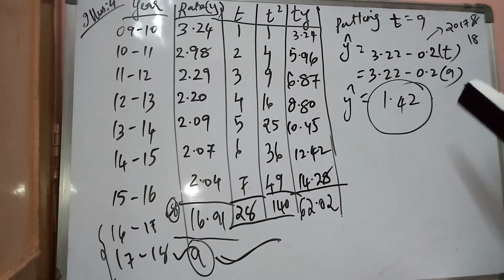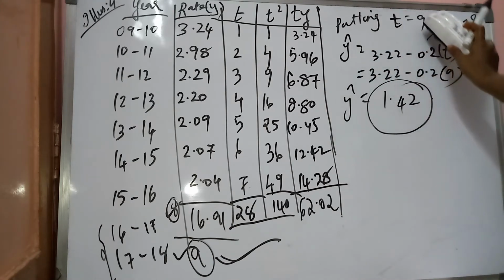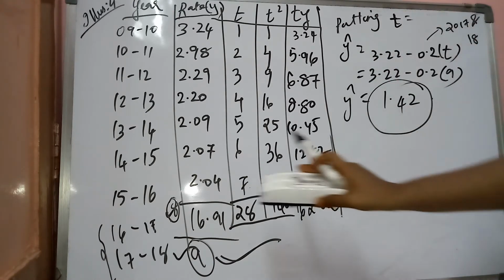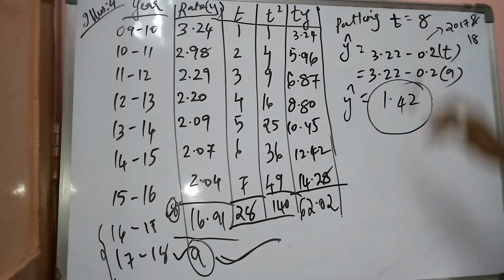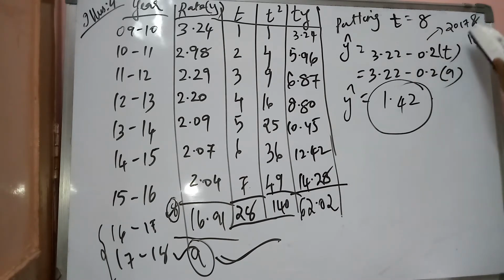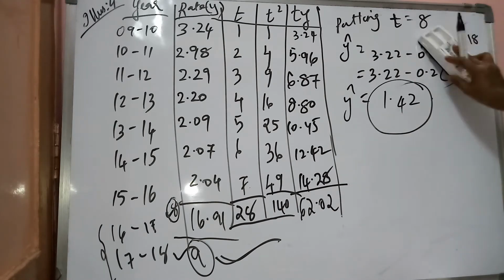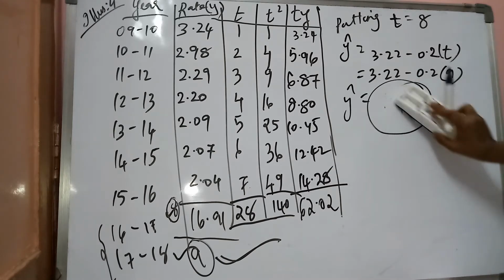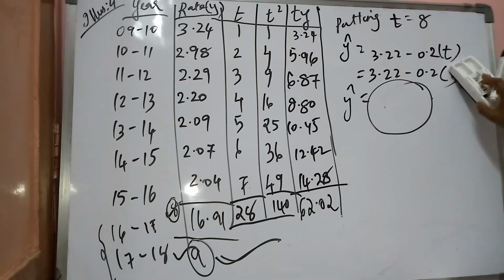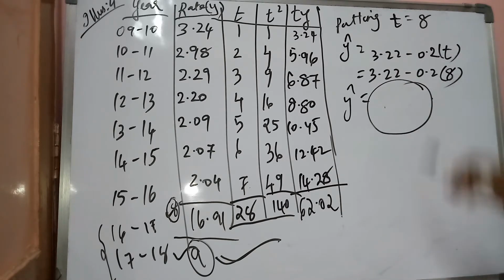Okay, so you're putting T equals to what you have to keep now, 8. So this was, you completed 2017 and 18. Now we are finding for 16, 17. So putting the value as 8. So just do it.